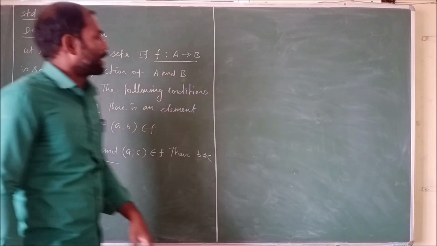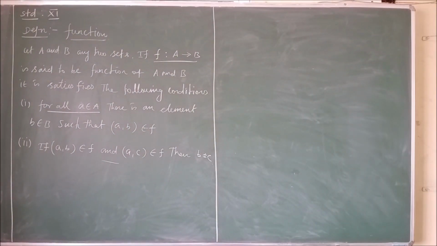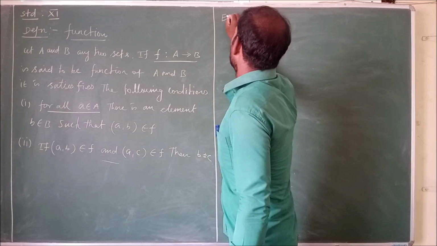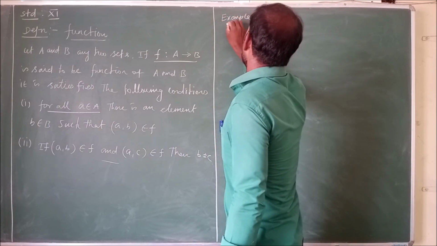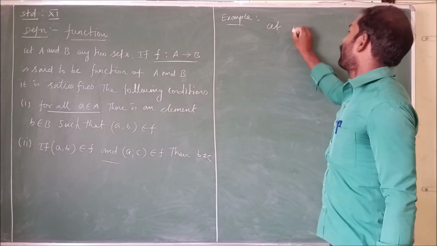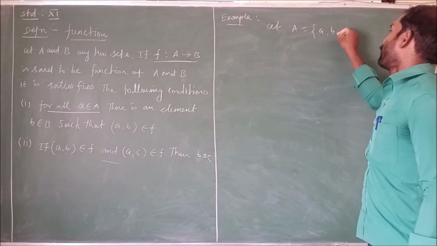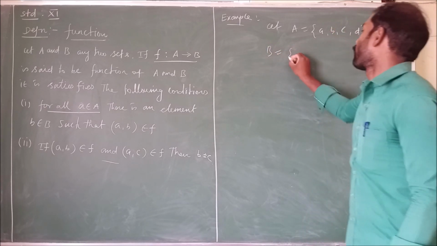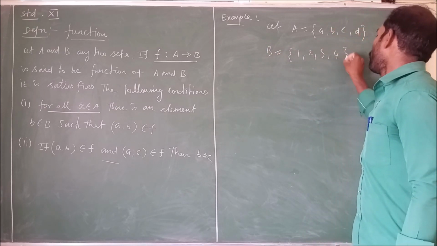Let us see some examples. Let A equal to {a, b, c, d} and B equal to {1, 2, 3, 4}.